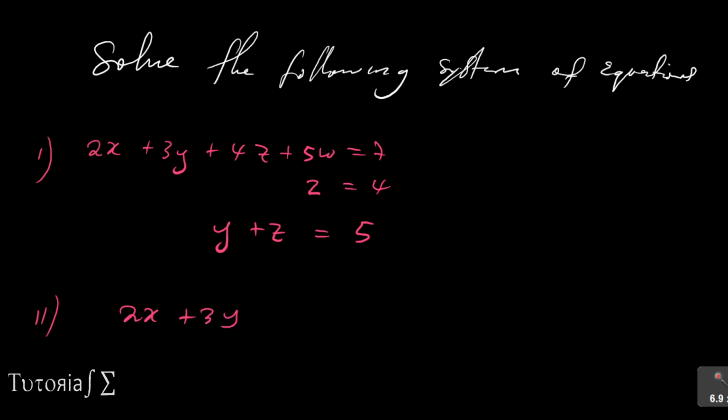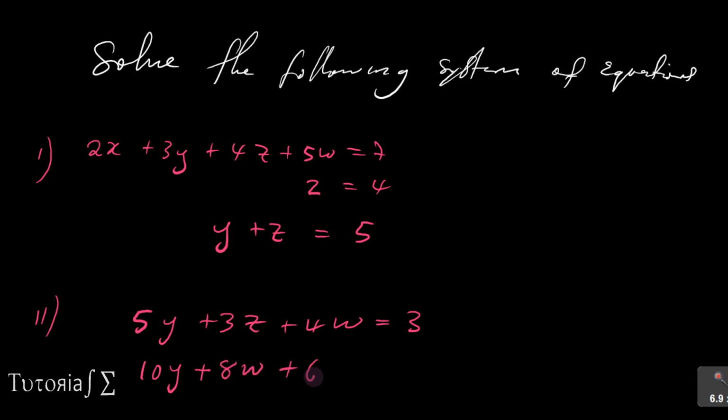Let me change. Let's say 5y plus 3z plus 4w equals 3. We have 10y plus 8w plus 6z is equal to 5.